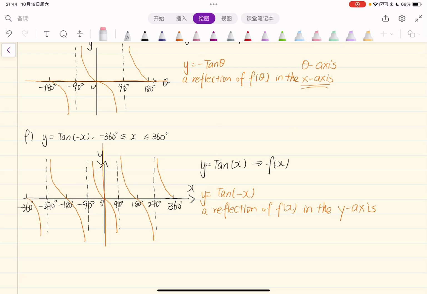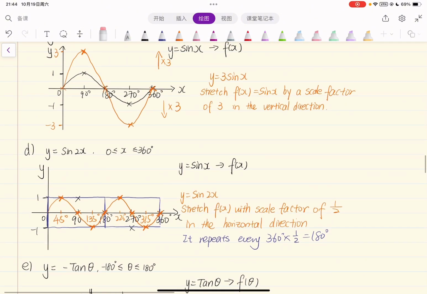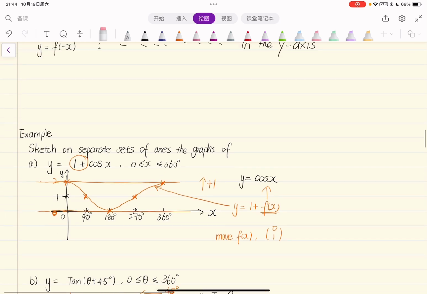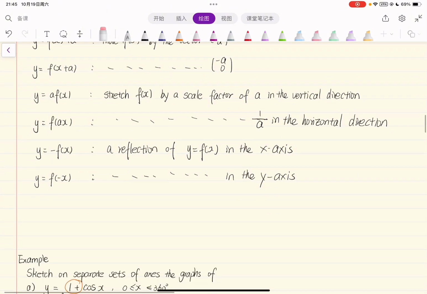So we have done all the questions. The important thing for the transformation is that you need to remember the general meaning of that, and then be aware of the change of the values.